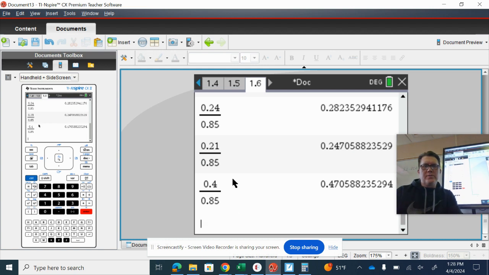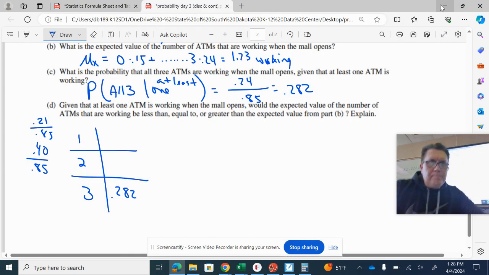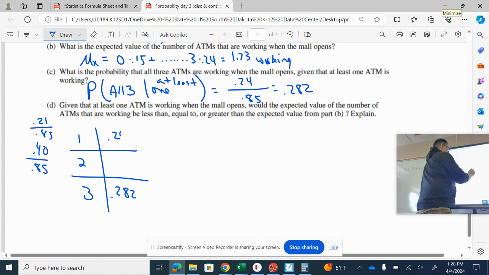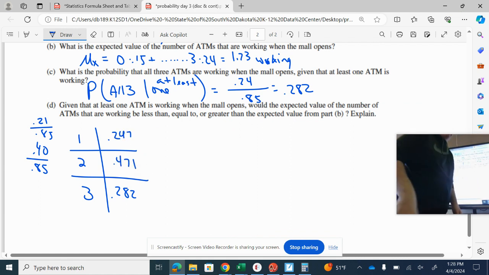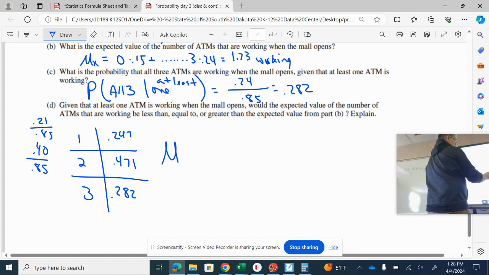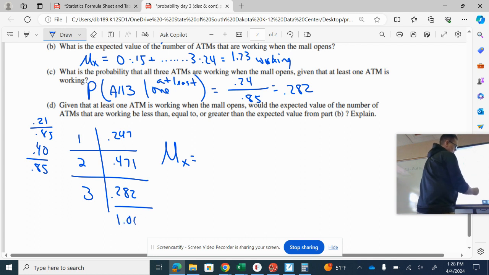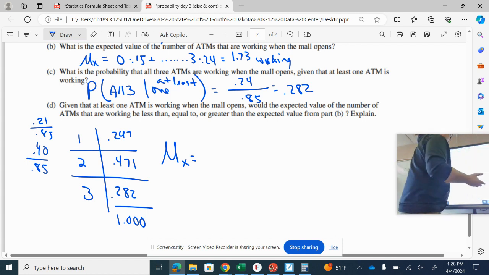We get 0.247 and 0.471. Now we calculate the mean for this. These probabilities add up to 100%. If they don't, then we haven't done that part right.